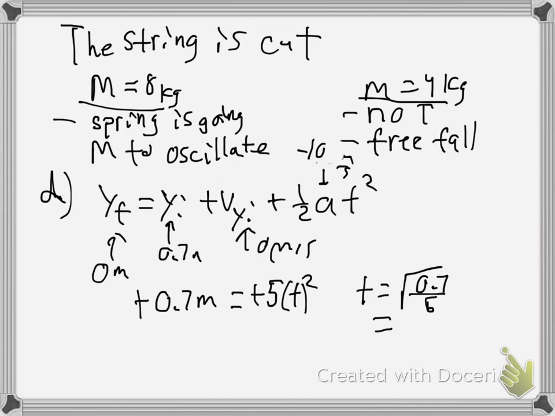And that comes out to be 0.37 seconds if you're using 10. Underneath the square root, if you want to know that, is just going to be the square root of 0.14. Okay, so there's our time. It's just free fall.